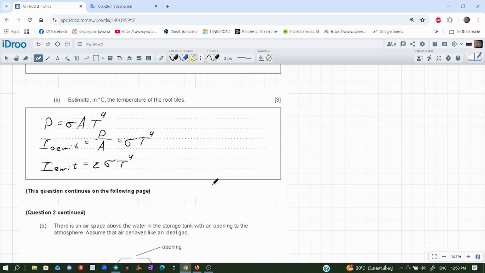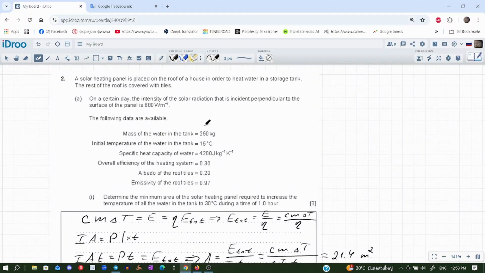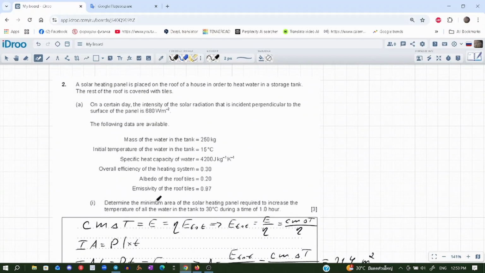Okay, how about absorbed intensity? I absorbed. Absorbed is 0.8 times 680, because only 80% is absorbed. They said albedo of the roof tiles equals 0.2.